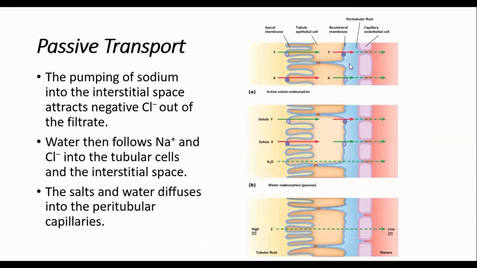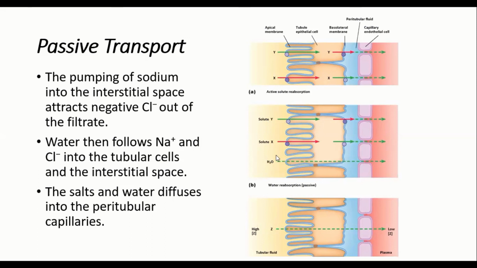That high sodium concentration, with its positive charges, is basically going to pull chloride ions with it. So the chloride ions are going to get pulled all the way across. If you think of a lot of sodium here, that negative chloride is going to get attracted to it.